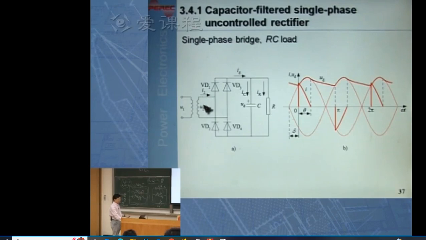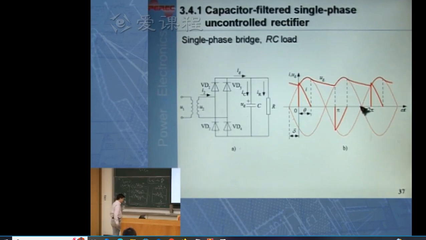When U2 is negative, then VD2 and VD3 are subjected to the positive voltage. Therefore, these two diodes will be conducting. So the current will be flowing through VD3, load, and coming back through VD2 and back to the input voltage source. And the load voltage UD will be equal to minus U2.